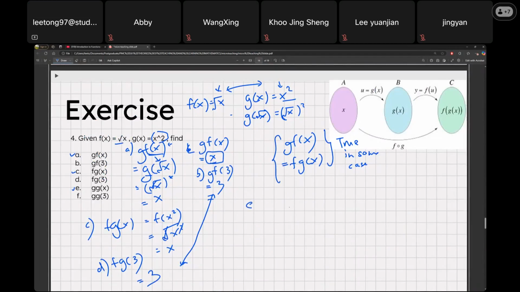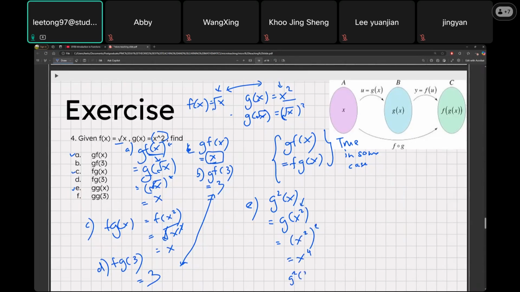Okay, how about E? G square x. Gx is x square. So x square will be your new object in your function g. So x square, x power of 4.